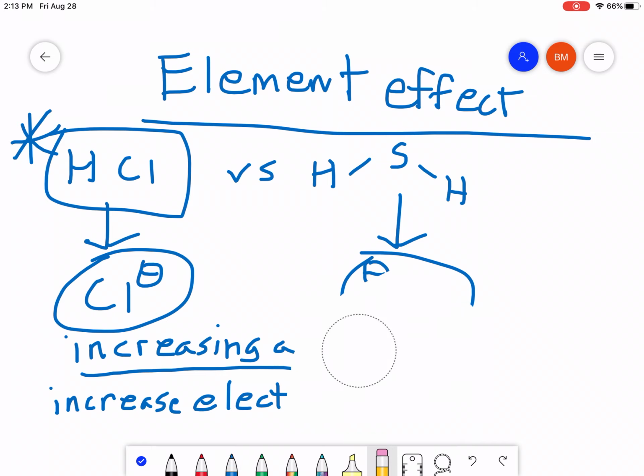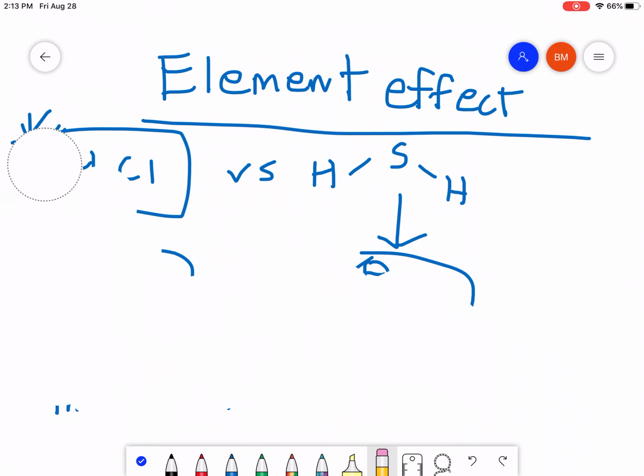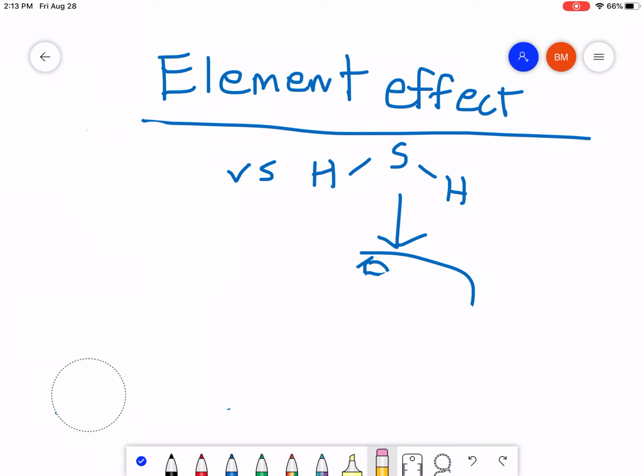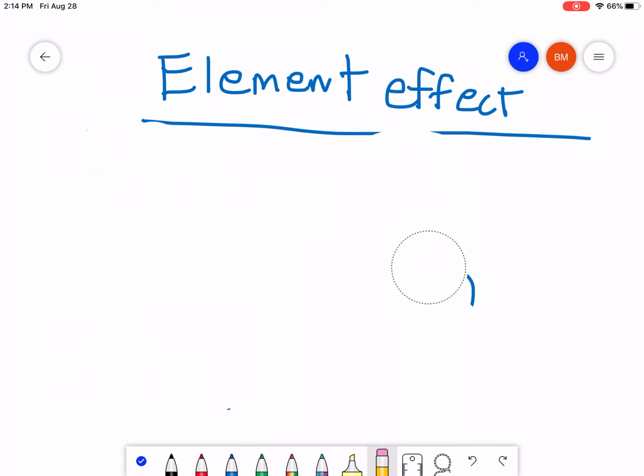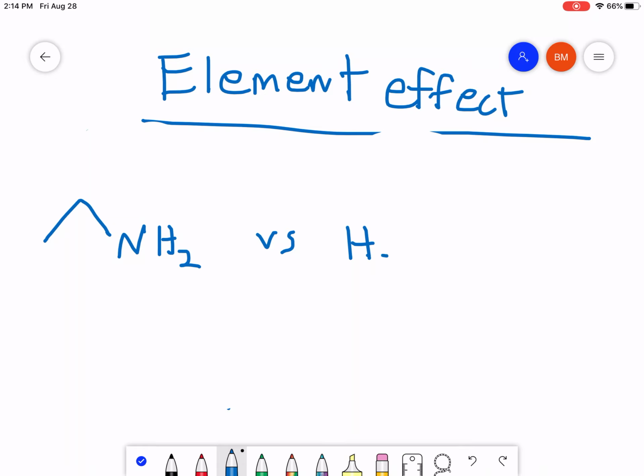Let's try another one. Let's throw a little organic structure in here. This is an organic molecule commonly known as an amine, and this is water.